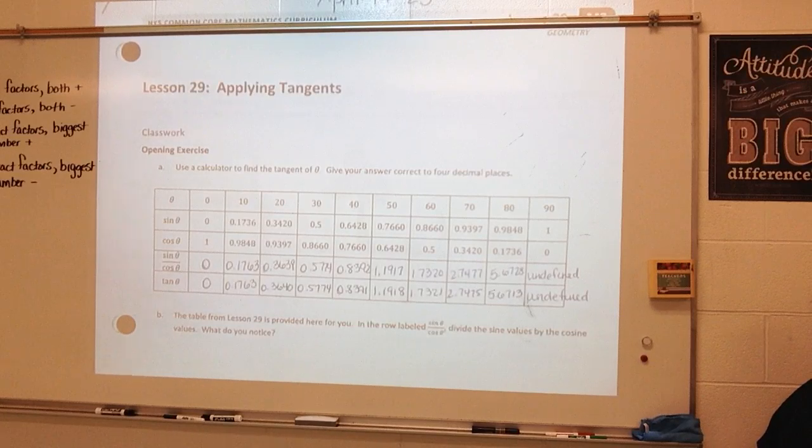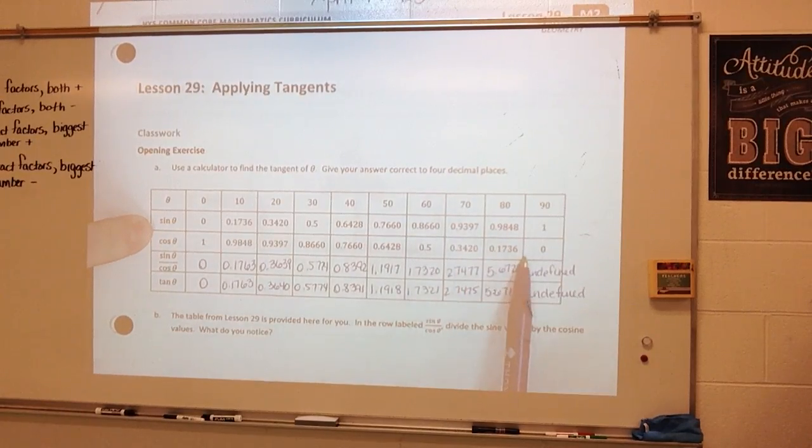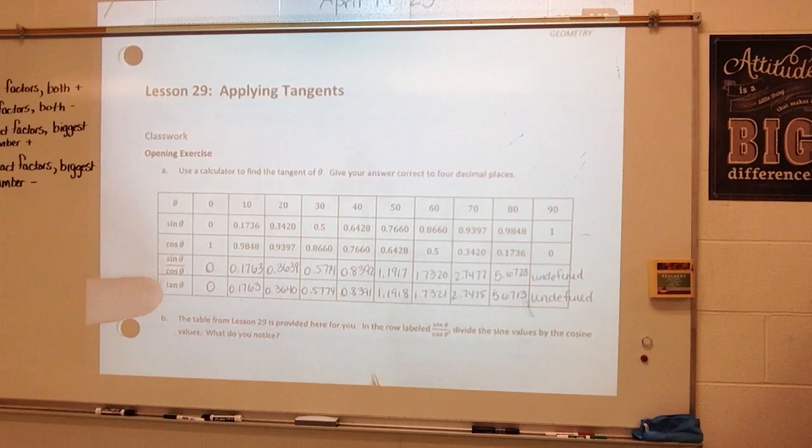What we did is we used a calculator to find these values, and you'll see that we have the sine and the cosine of our values, and then we did sine over cosine, which would be opposite over adjacent, and then we have our tangent. All right, so pause and make sure you have this written down.